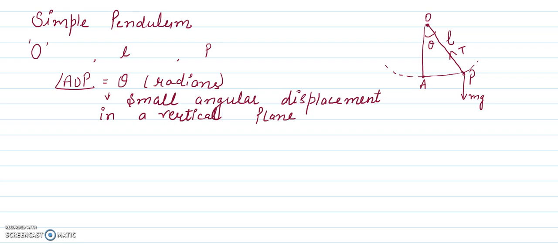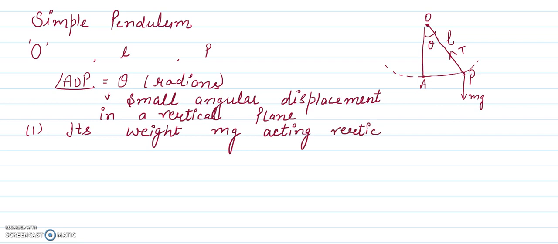Now forces acting on the particle are its weight, which is acting vertically downward because of gravity, and tension T in the string in the direction PO.